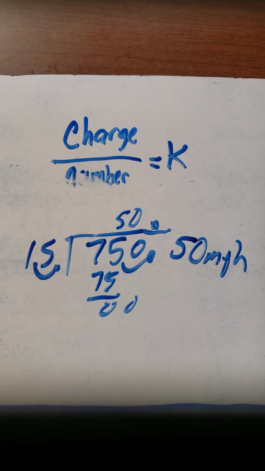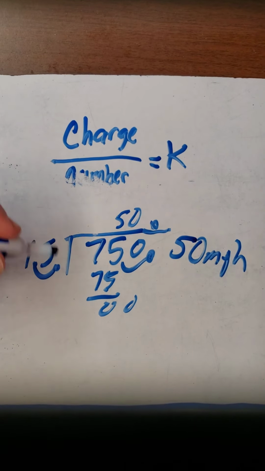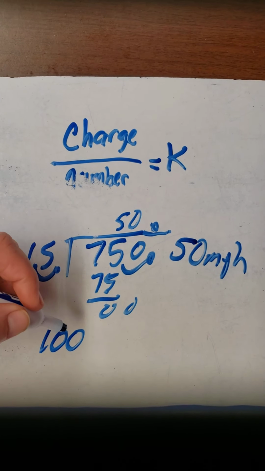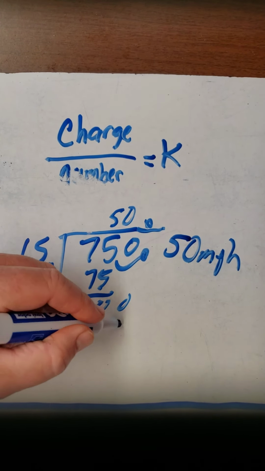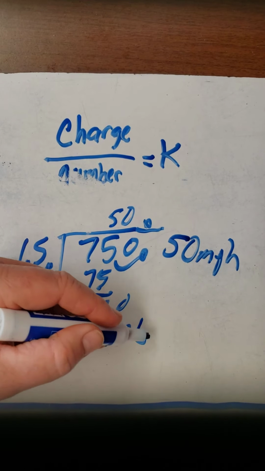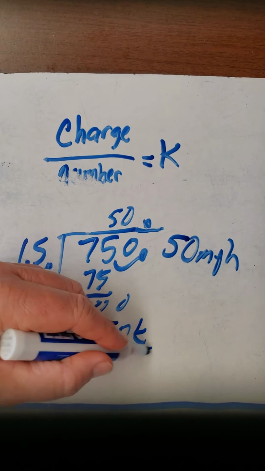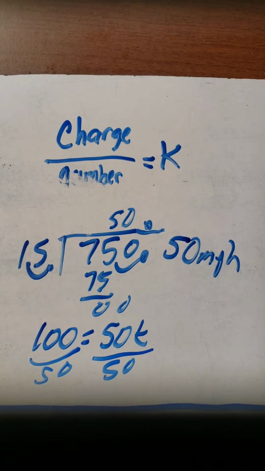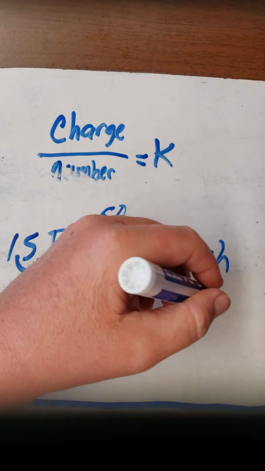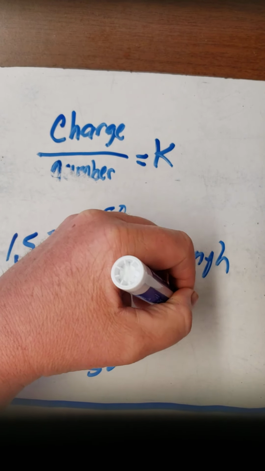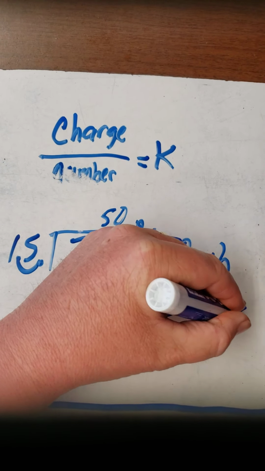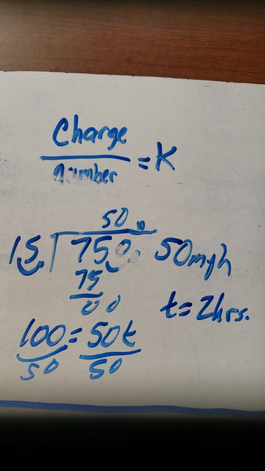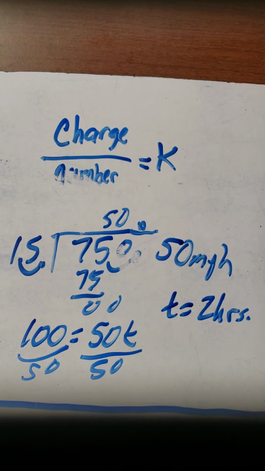Okay, and if we know the distance is 100 miles and she's going 50 miles an hour, divide by 50, and then the time is 2 hours to drive 100 miles.